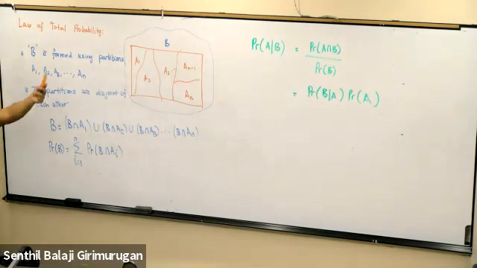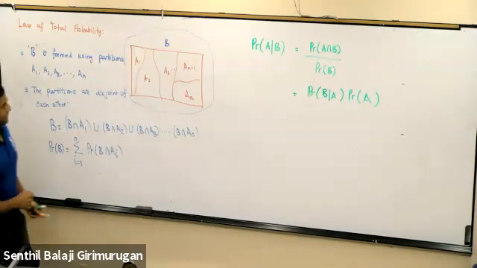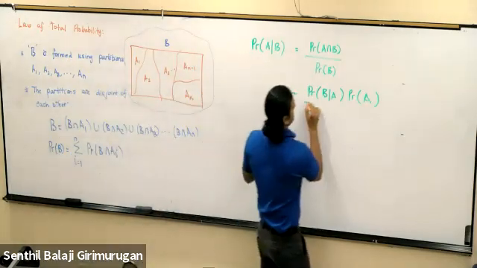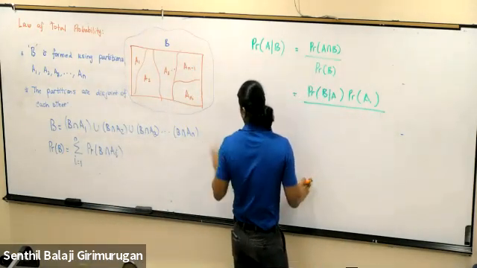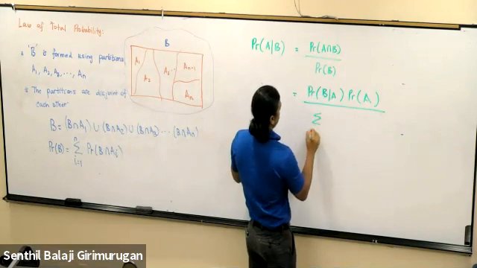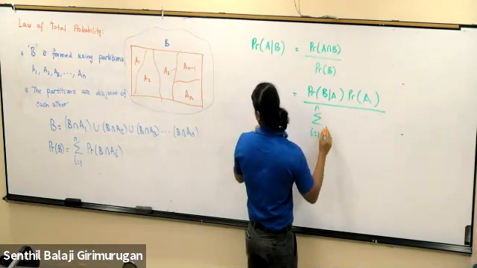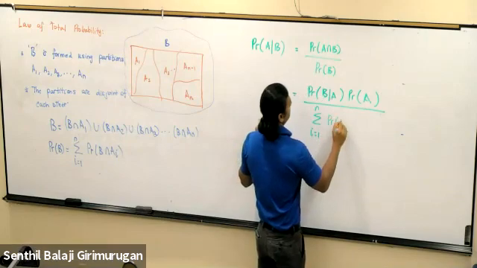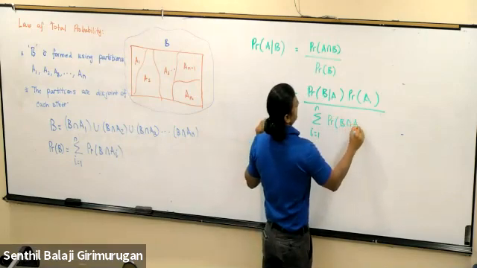A is the union of those, divided by the probability of B, which we know is the sum from 1 to n of probability of B intersect AI.